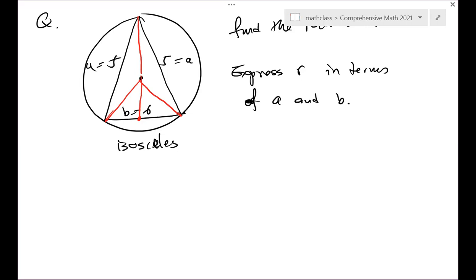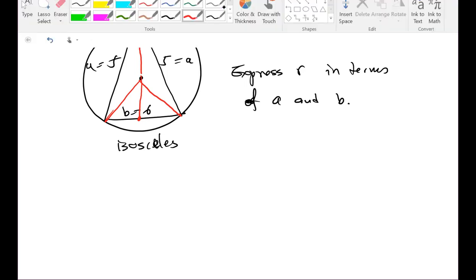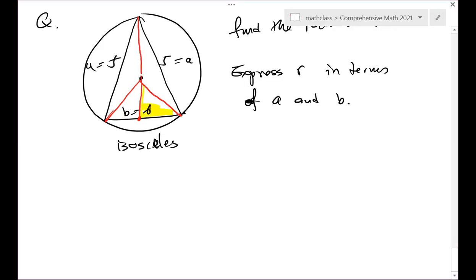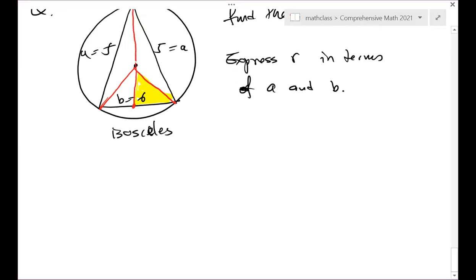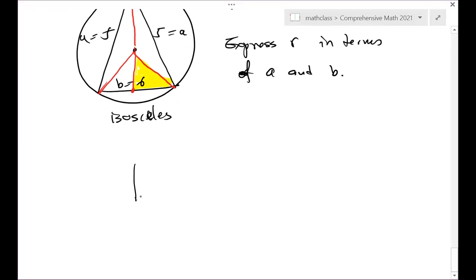Okay, I hope you get it. Look at the right triangle here. I'm going to express this right triangle. This side is the radius, r, and this side is going to be b over 2.